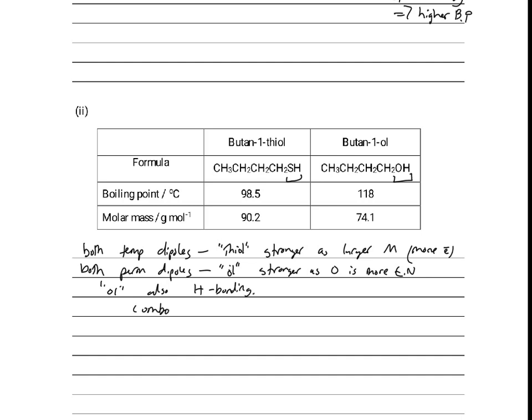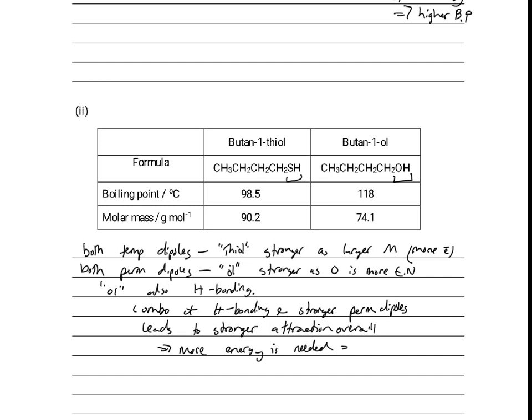So the combination of H bonding and stronger permanent dipoles leads to stronger attractions overall. Therefore, more energy is needed to overcome them. Therefore, it's going to have a higher boiling point. And that's reflected in 118 compared to 98.5.